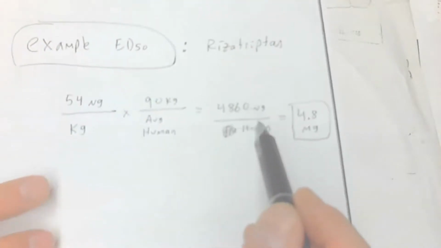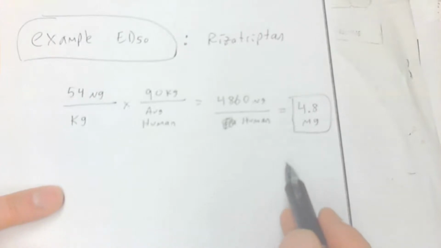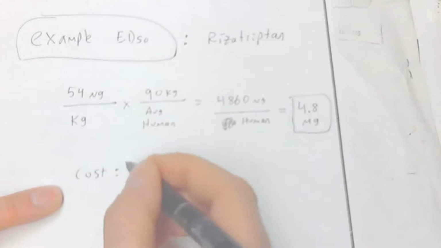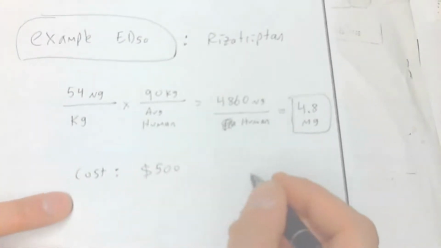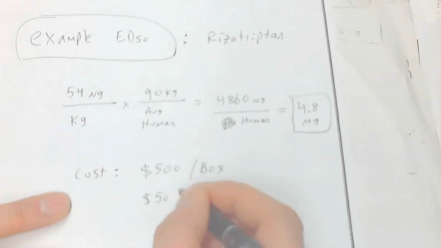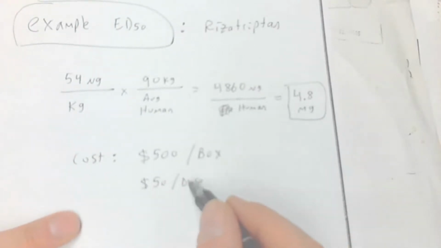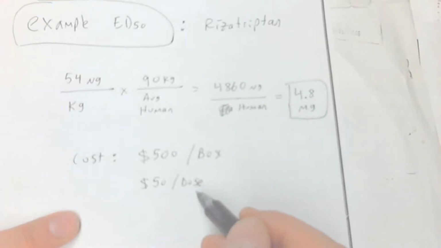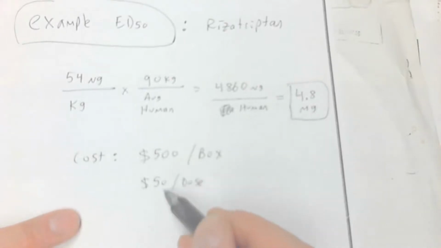As just another fun fact, this has nothing to do with really chemistry: the cost of this drug, it's a pretty simple drug, is about $500 for a box, which is about $50 a dose, which is pretty ridiculous for a really simple drug like this. It just shows how much markup there is on drugs.